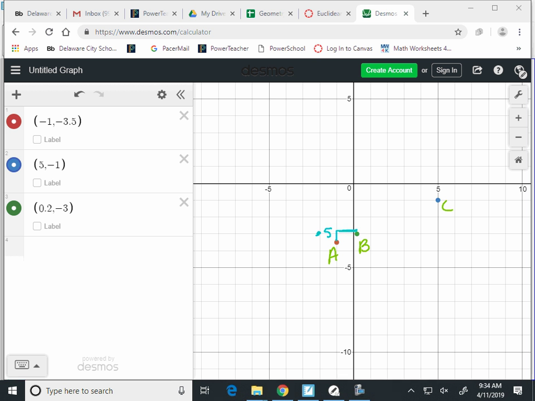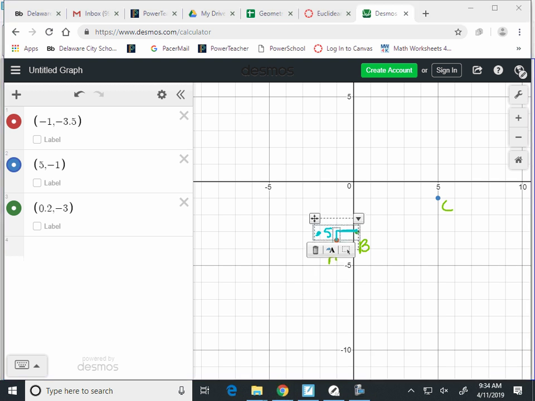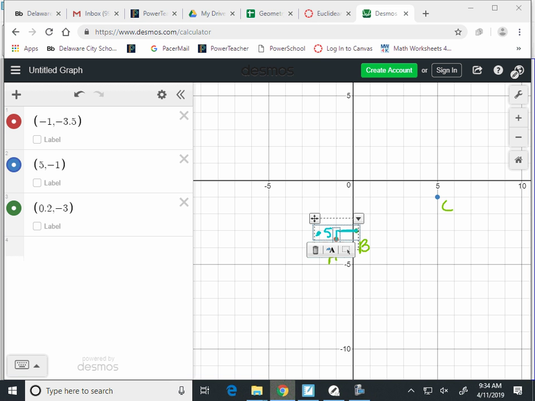Then I'm going horizontally, so I'm going to look at my x values. I'm going from -1 to 0.2.